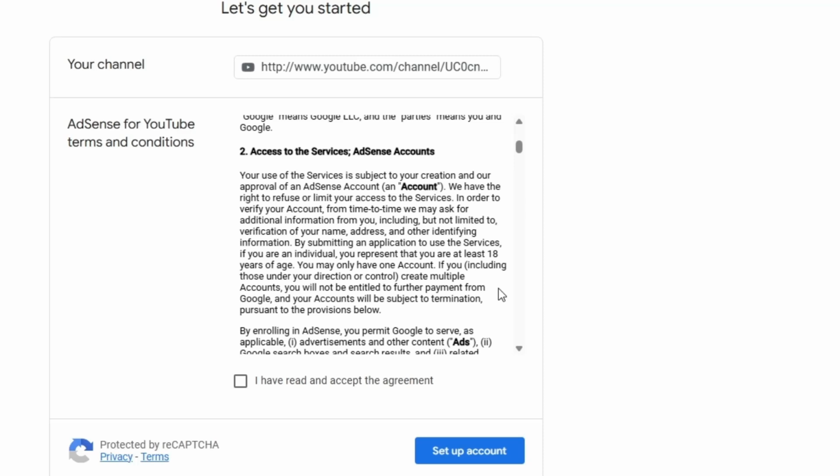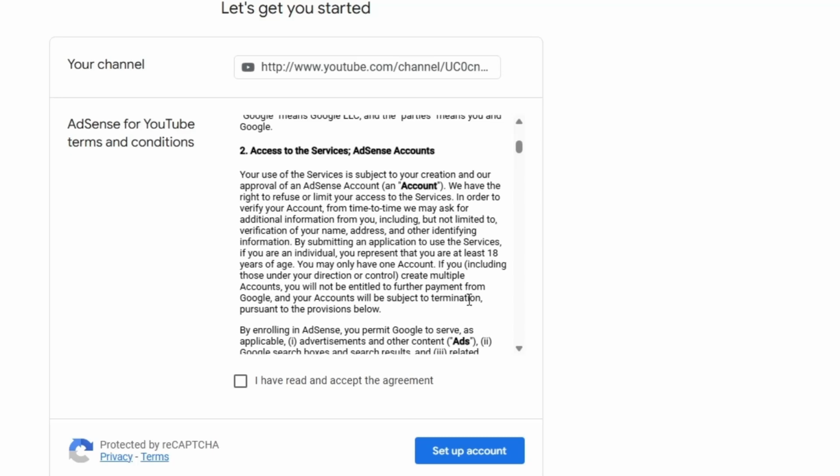By submitting an application to use the services, if you are an individual, you represent that you are at least 18 years of age. You may only have one account. If you, including those under your direction or control, create multiple accounts, you will not be entitled to further payment from Google, and your accounts will be subject to termination, pursuant to the provisions below.